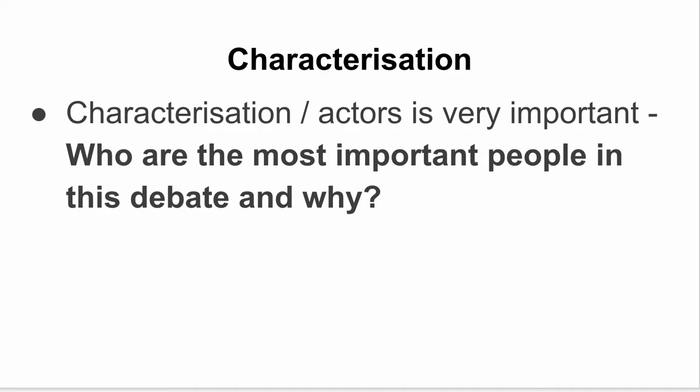And then the next step, who are the most important people? For that one, perhaps you could argue that the most important people in this debate might be people who have a criminal record and want to get involved in politics but can't. Or you might say it's actually the voters because there's more of them and this is going to impact the way they think about politics, for example.